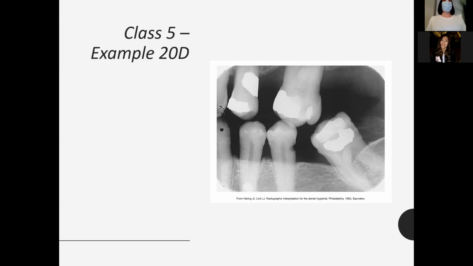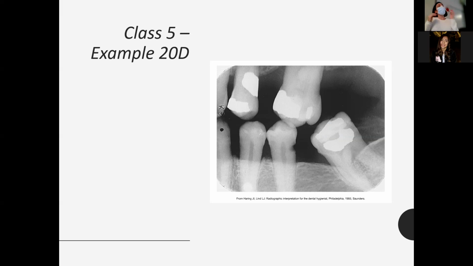For radiograph interpretation, you'd have to have recession, bone loss, for a class 5. That comes into play when you're trying to determine if it's root caries or cervical burnout, which we'll talk about in a few minutes.